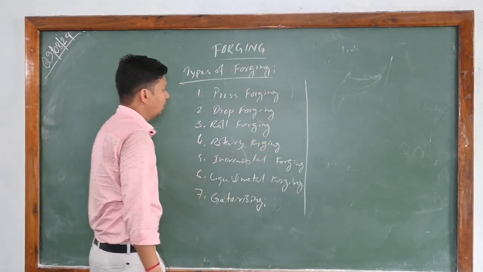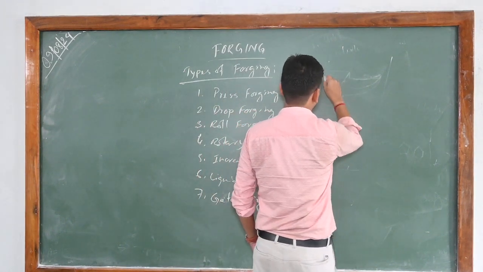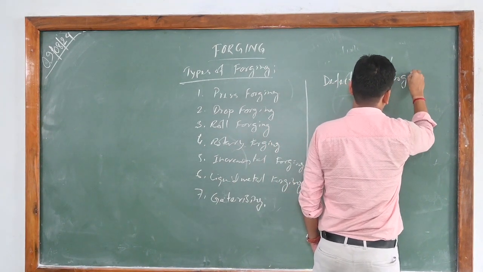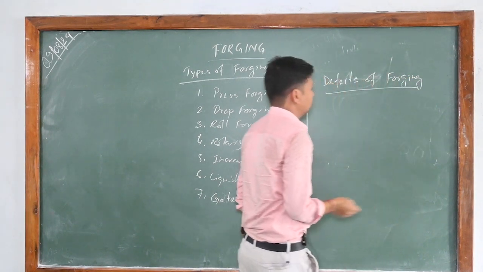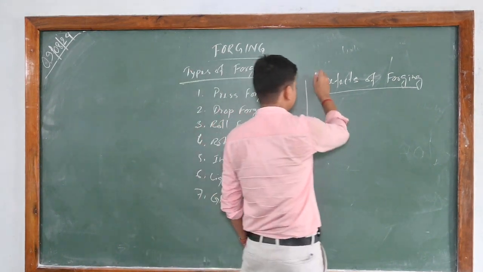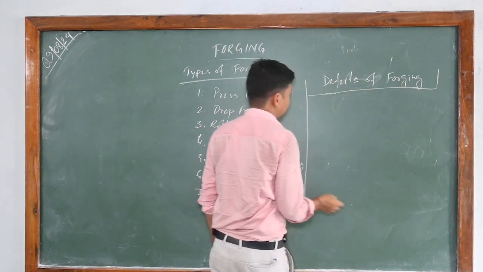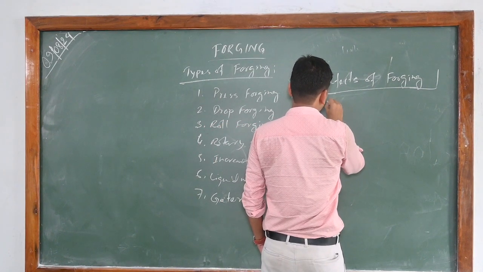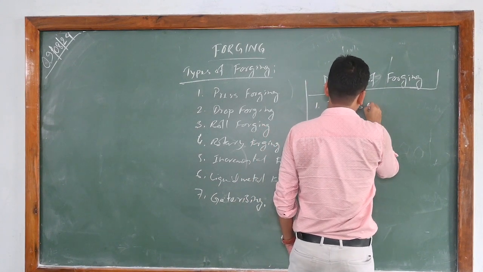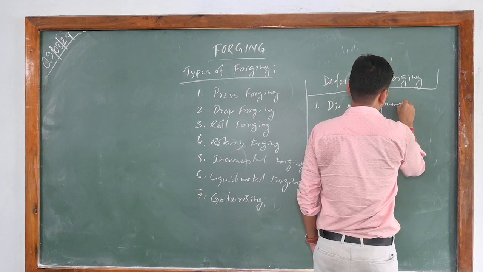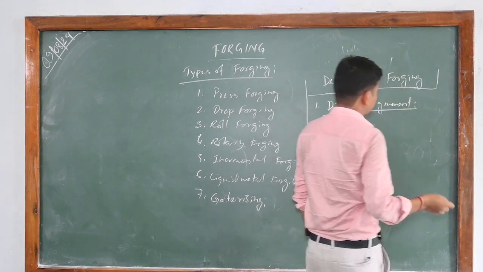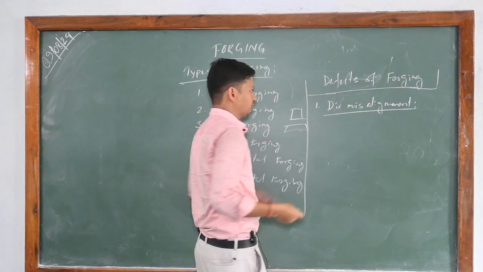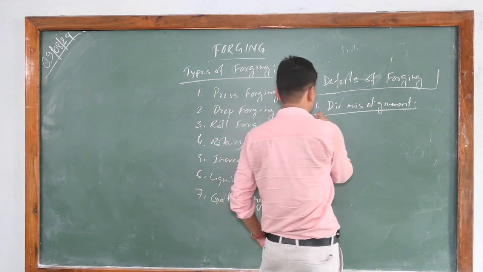After all this, we are going to see the defects of forging. In defects of forging, we can see the defects generated in the normal forging process. Die misalignment: if the upper die or lower die is misaligned from its place, then a forging defect is generated.